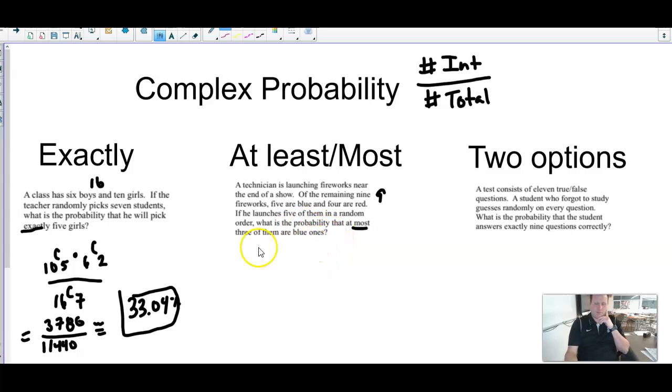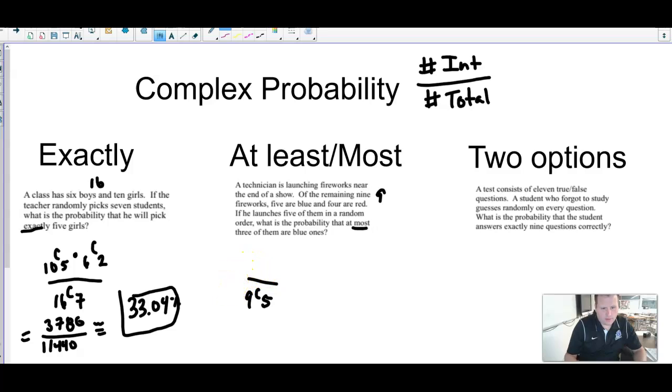What's the probability that at most 3 of them are blue? I'm going to see how many ways I can fire 5 from 9 first. That's going to be my denominator, 9 combinations of 5, because that's the total ways regardless of blue or red. I just want to choose 5 from 9.